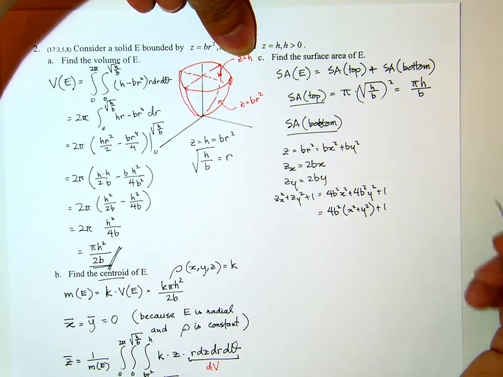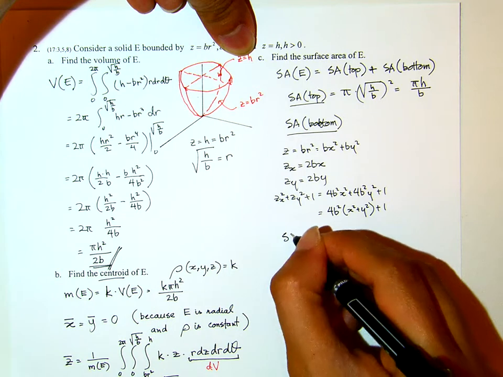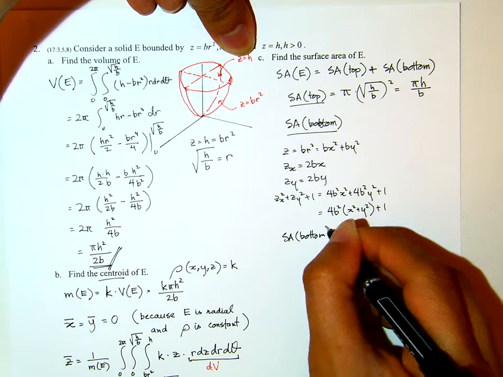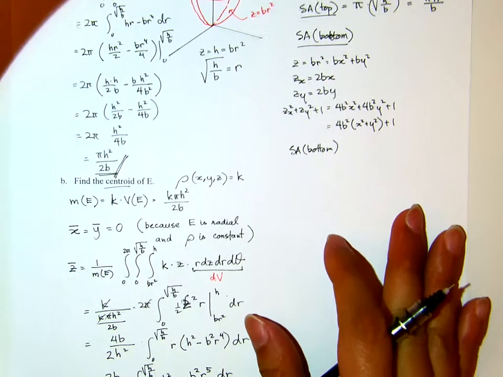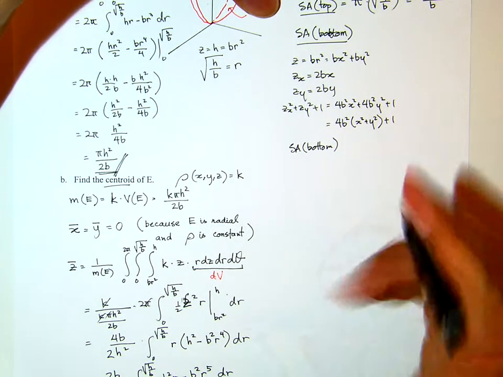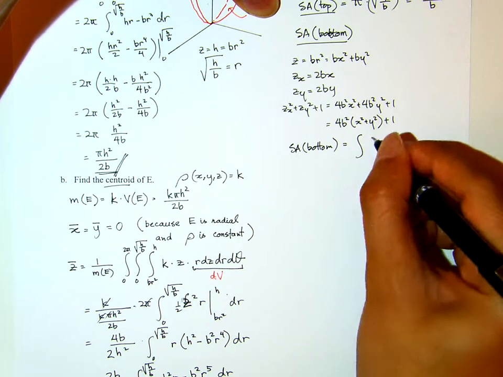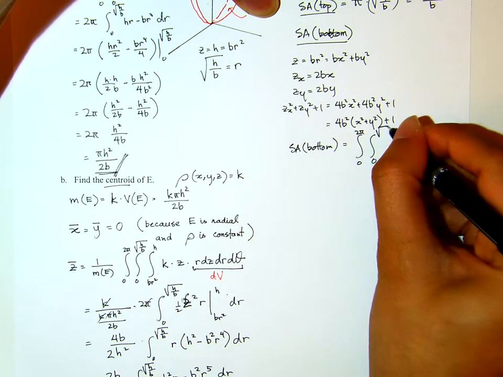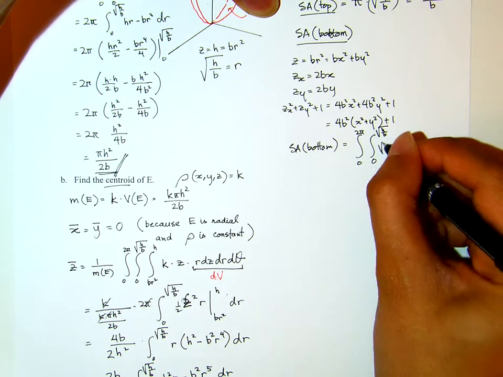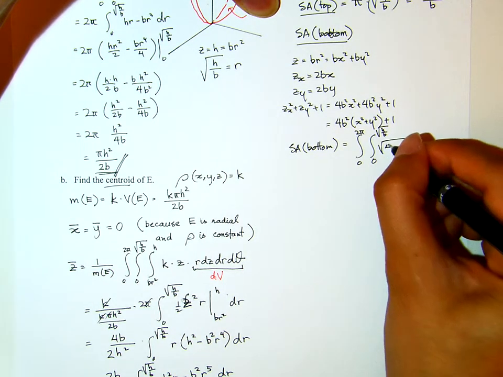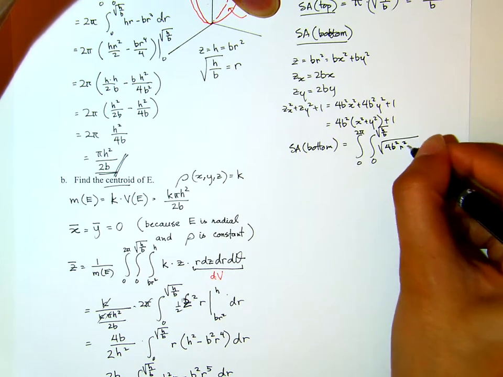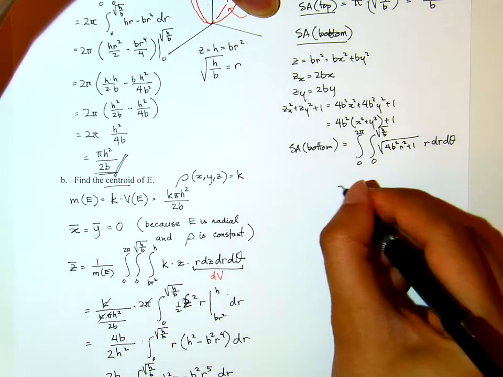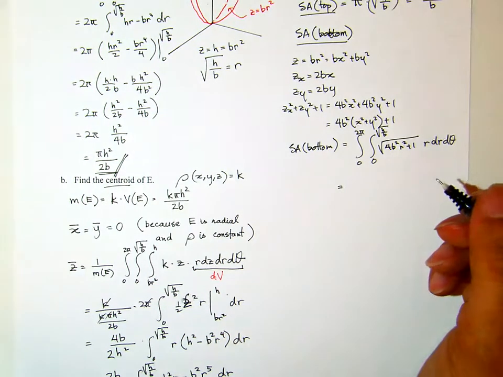Okay, now then the integral for the surface area of the bottom will be the double integral from 0 to 2 pi, from 0 to square root of h over b, of square root of 4b squared r squared plus 1, r dr d theta. Again, because it is independent of theta.